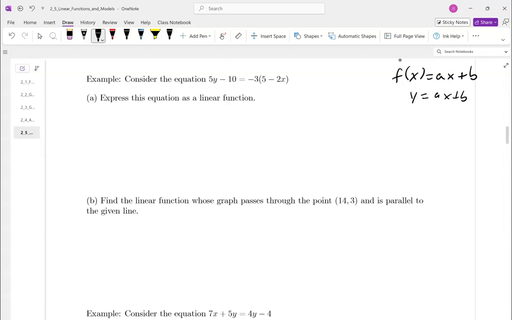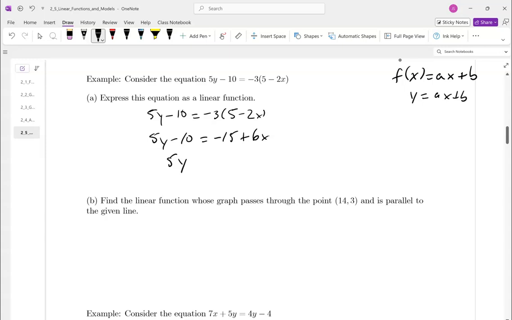Yeah, y by itself. Exactly. That's what you want to do, all right? So we have 5y minus 10 equals negative 3 times 5 minus 2x. What might we want to do? Yeah, distribute the negative 3. Sure. Negative 15 plus 6x. Good.